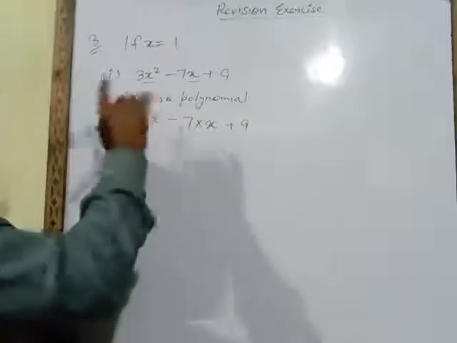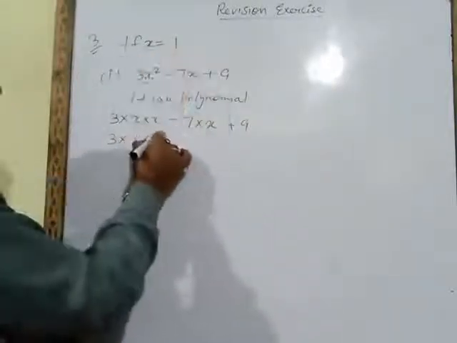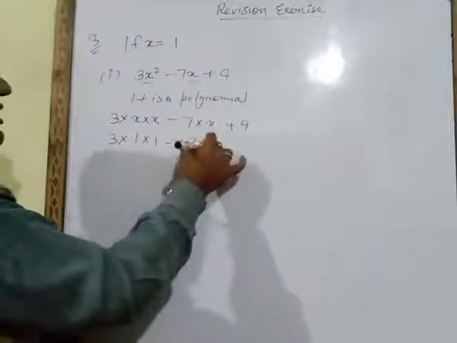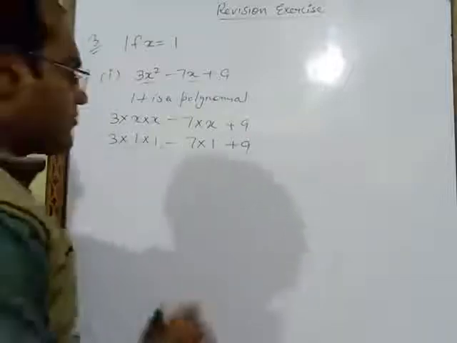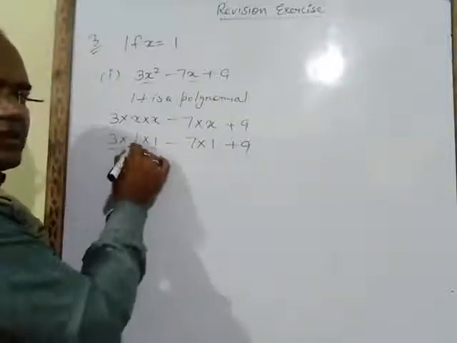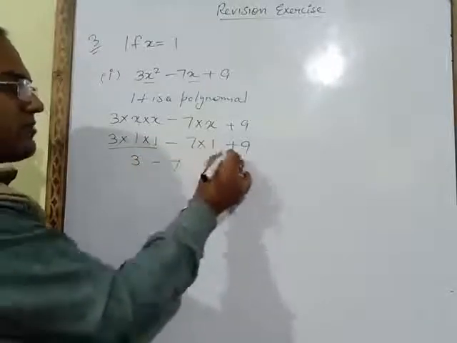Now we have to put the value of x. 3 into x value is 1, 1 into 1 minus 7 into x, x value is 1 plus 9. Now we have to multiply these numbers. 3 1s are 3, 3 1s are 3, minus 7 1s are 7, plus 9.